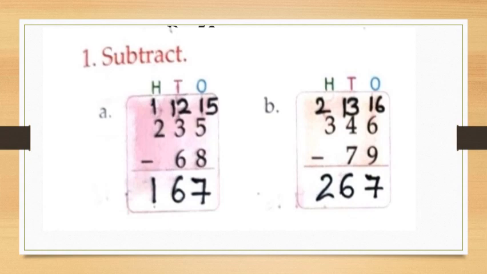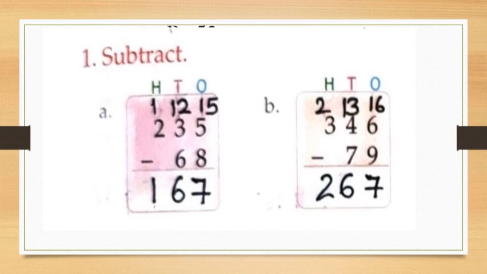Now children, 12 minus 6 is 6. So write 6 under tens. And at hundreds place 1 minus 0 is 1. So write 1 under the hundreds place. So your answer will be 167.